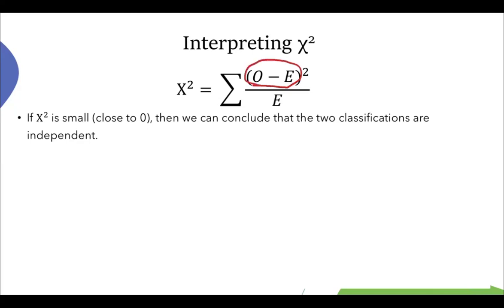If that difference is not great, if it is a small difference, then this whole calculation is going to be small and chi-square will be small. So when we don't have a large difference, if chi-square is close to zero, then we make the conclusion that the two classifications are independent. So there O is close to E in that case.